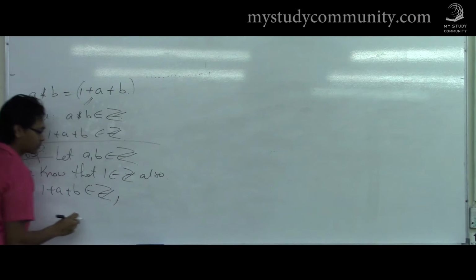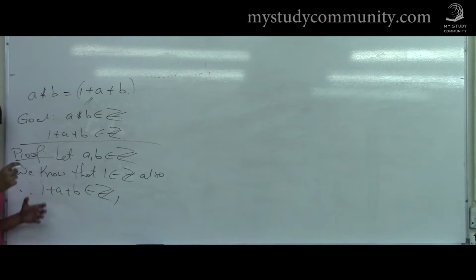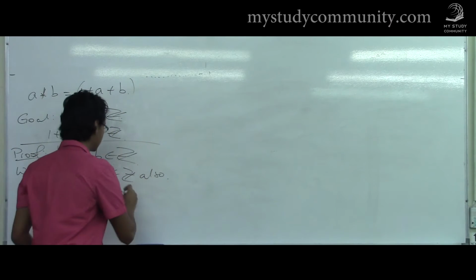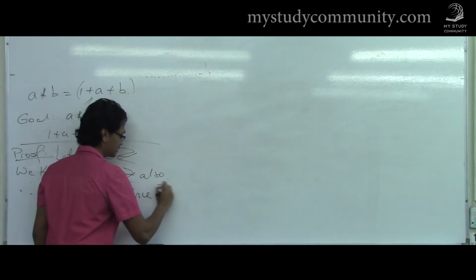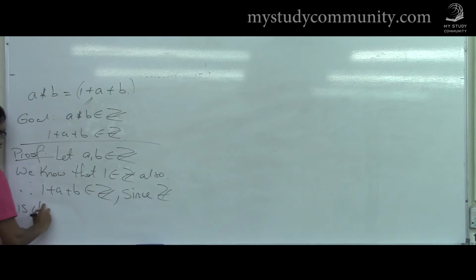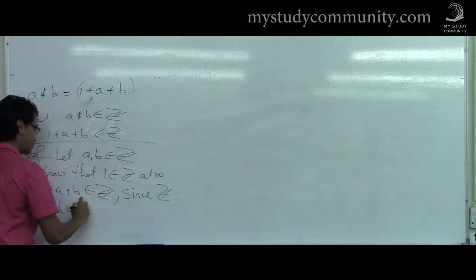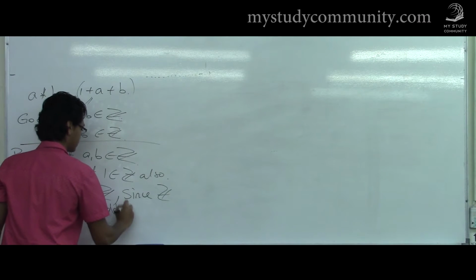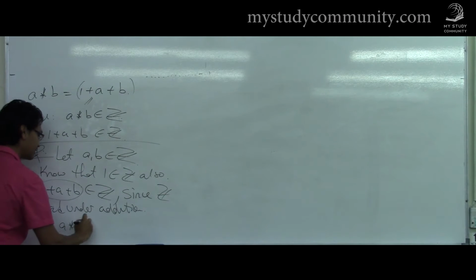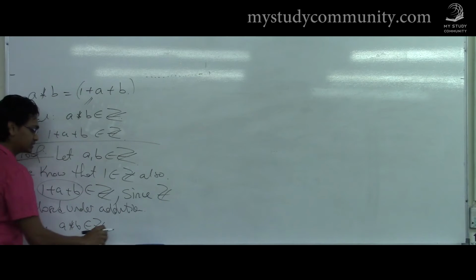Why? Because Z is closed under addition, yes? Since, and you have to write this, right? You have to write this, Z is closed under addition. Hence, remember this here is exactly A star B. Hence, A star B is in Z, and you must put this after.